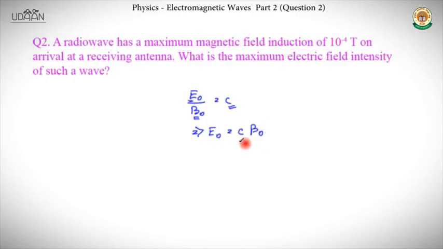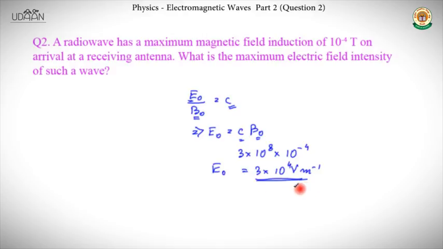We are sure of the speed of light, that is 3 into 10 raised to the power 8, and B naught is given to be 10 raised to the power minus 4. It's a basic multiplication and you get the answer 3 into 10 raised to the power 4 volts per meter. This is the amplitude of the electric field, the intensity of the electric field.